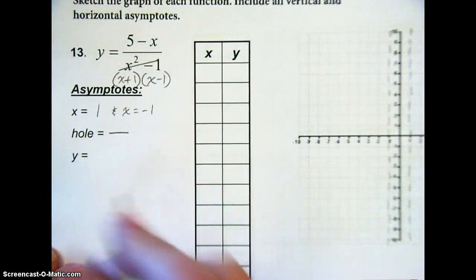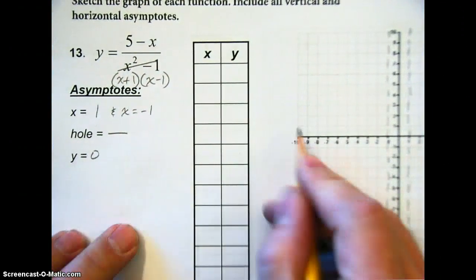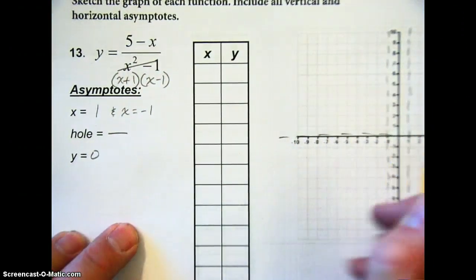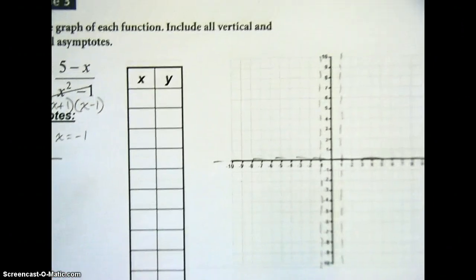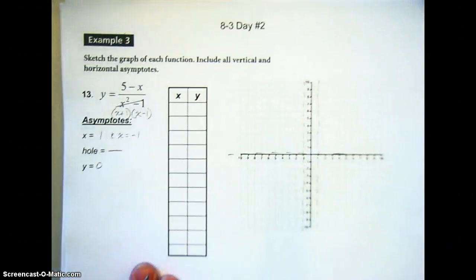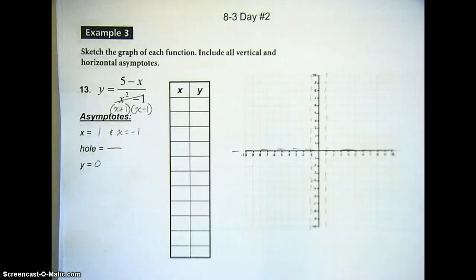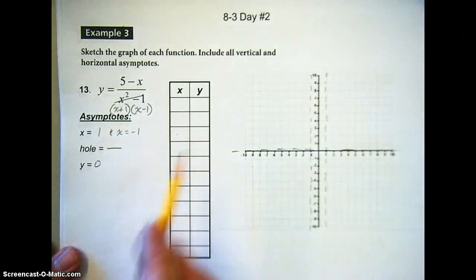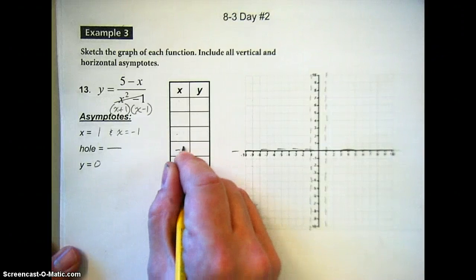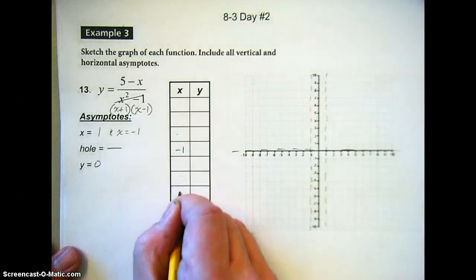All right, let's start building our table. This is at y equals 0, so we can sketch in that asymptote now. I want 3 points on both sides of the asymptote. That's why I have so many lines here. So 1, 2, 3, asymptote. This is negative 1. 1, 2, 3, asymptote.